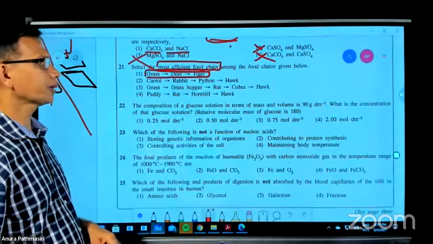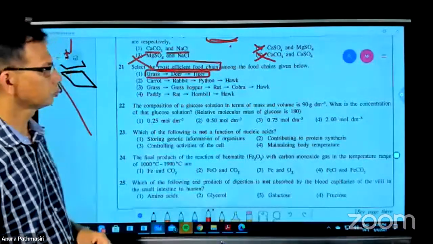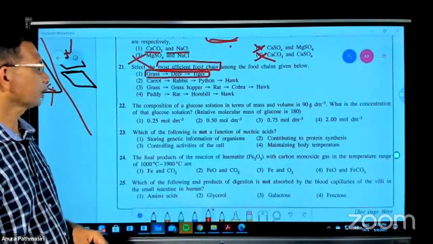90 gram is available in 1 cubic decimeter. Right.